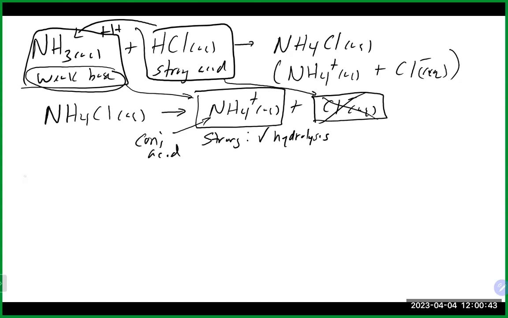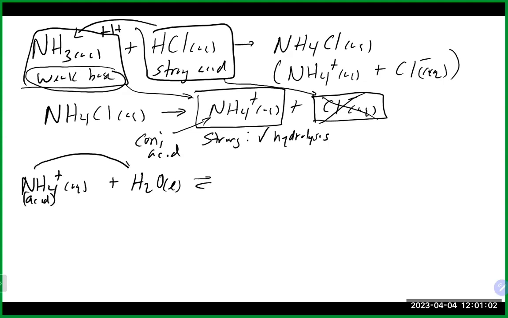So when I take my NH4 plus, which I know will go through hydrolysis, and I react it with water, I know that the NH4 plus here is going to act as an acid. And the definition of it as an acid is it's going to donate the H plus over.